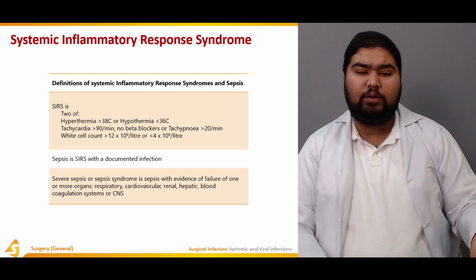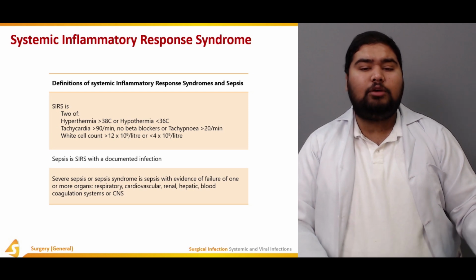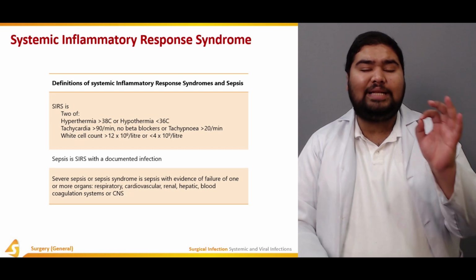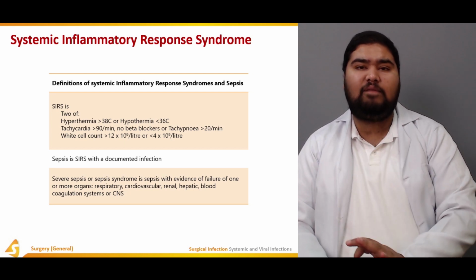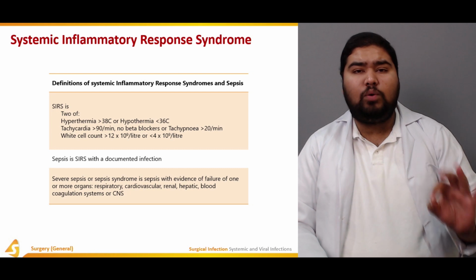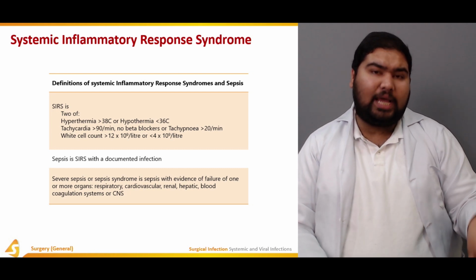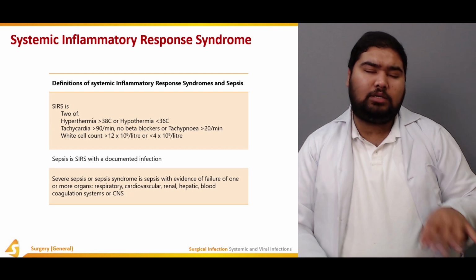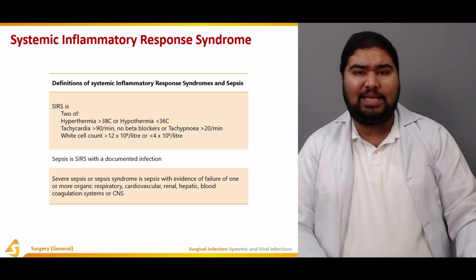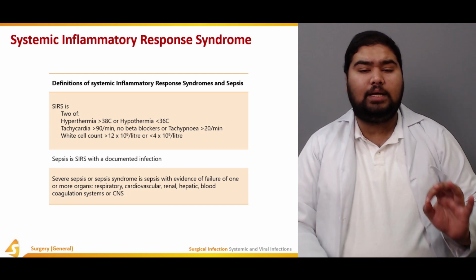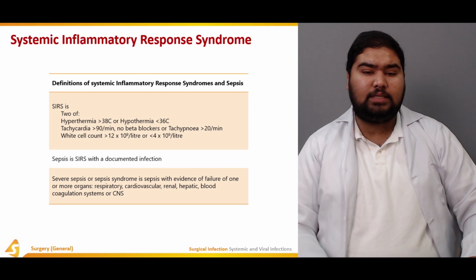So if the patient has two of these six, the patient is said to be in systemic inflammatory response syndrome. Now, sepsis is systemic inflammatory response syndrome with a definitive documented infection. If you know exactly a definitive documented infection going on in the patient and the patient develops two of the above six symptoms, you say the patient is in sepsis.